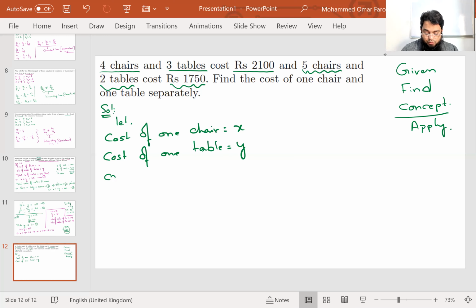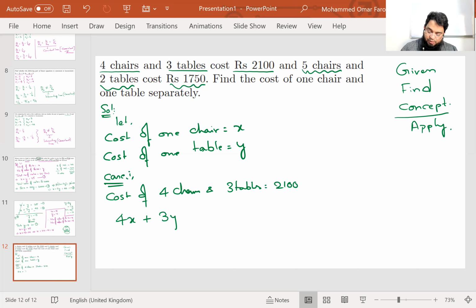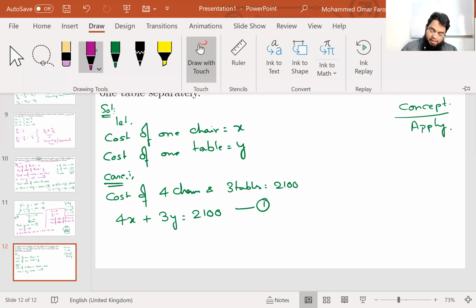He has given the cost of 4 chairs and 3 tables equals 2100. So I will write it as 4x plus 3y equals 2100. Let it be the first equation.